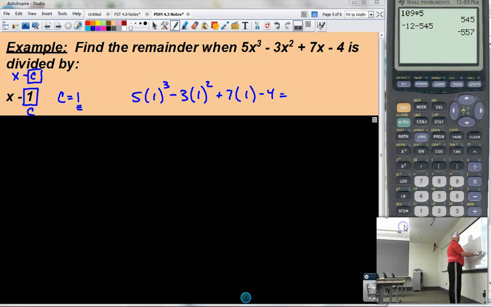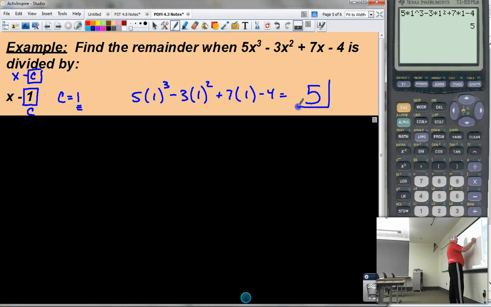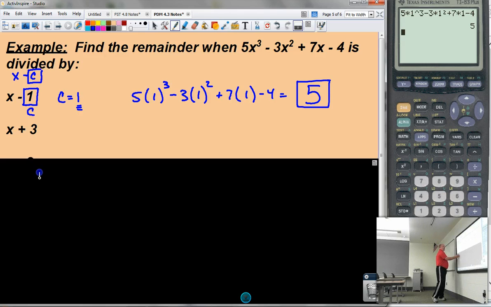And if I do that, I'm going to have 5 times 1 cubed, not that I need to do that, minus 3 times 1 squared, plus 7 times 1, minus 4, and I hit enter, and I get that the remainder is 5. So if I would have done the long division, I would end up with a remainder of 5. Now what that will allow me to conclude is, if the remainder is 5, that means x minus 1 is definitely not a factor.